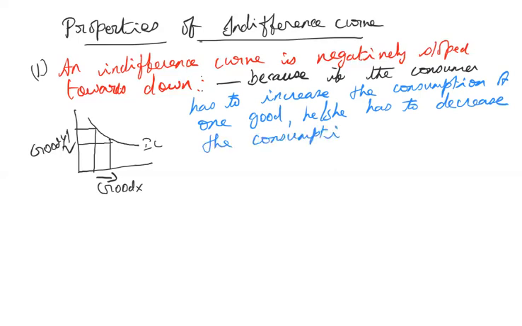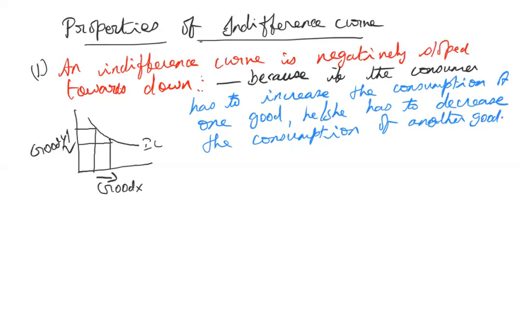Then only the consumer will remain in the same level of satisfaction. All the combinations lying on the indifference curve give the consumer the same level of satisfaction. That is one of the most important things. The satisfaction should not change. So only if one good has to be increased, the consumption of another good has to decrease. So that's why it is negatively sloped.